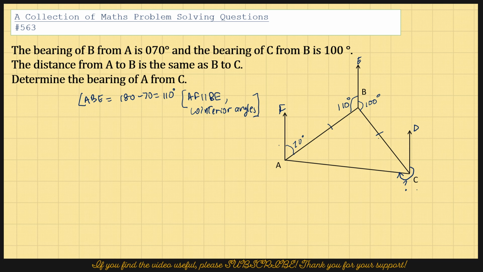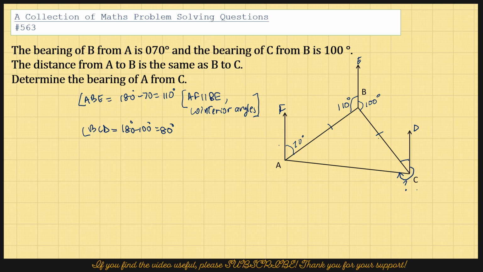So with similar reasoning, angle BCD would be 180 minus 100, that is 80 degrees.